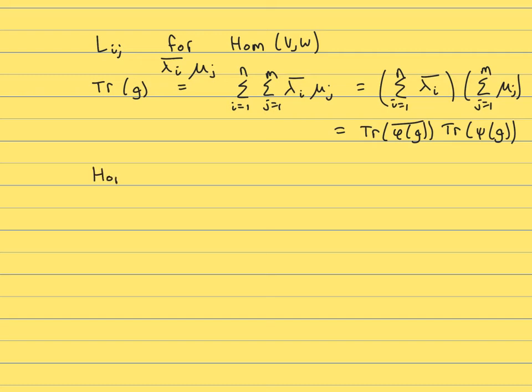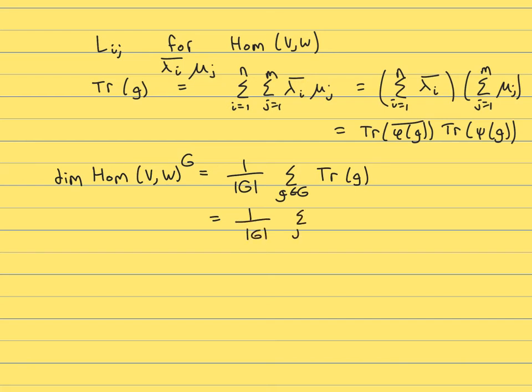But what is our overall formula for this dimension? It was this average sum of traces, which we now know, if I replace these with the corresponding characters, looks like this, which is the definition of the inner product.